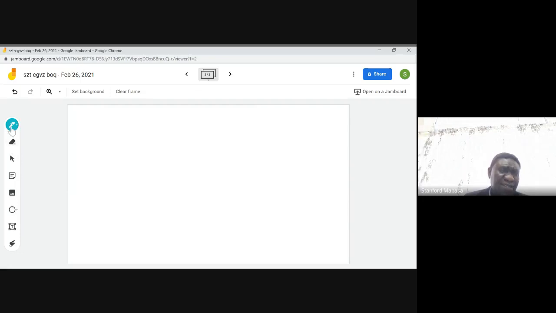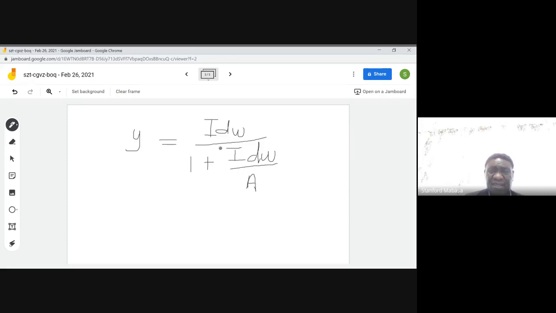So what he did was that if we start with his equation, yield is equal to slope, which is I dW, divided by 1 plus I dW divided by maximum yield loss, which was A. And everything here is in brackets.